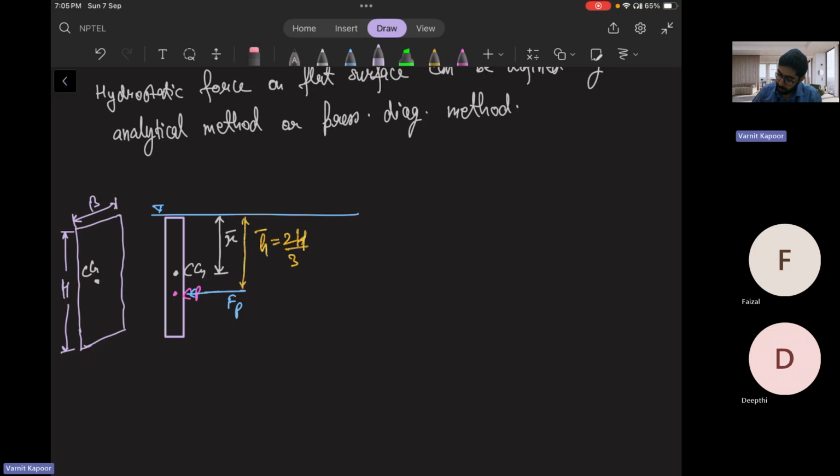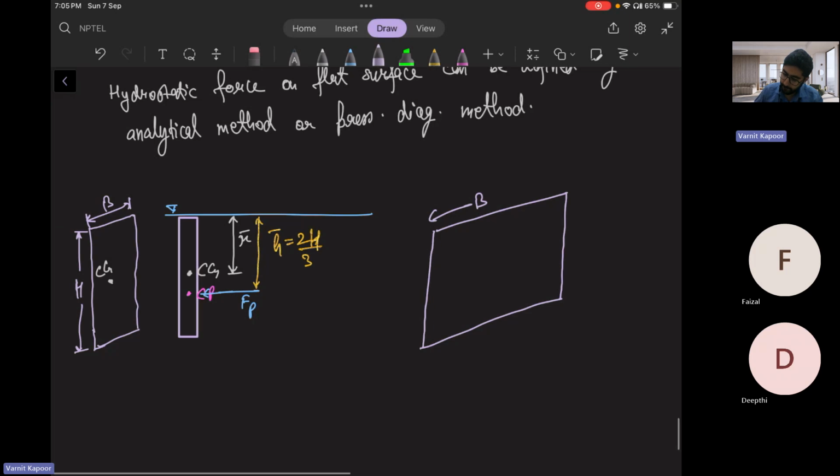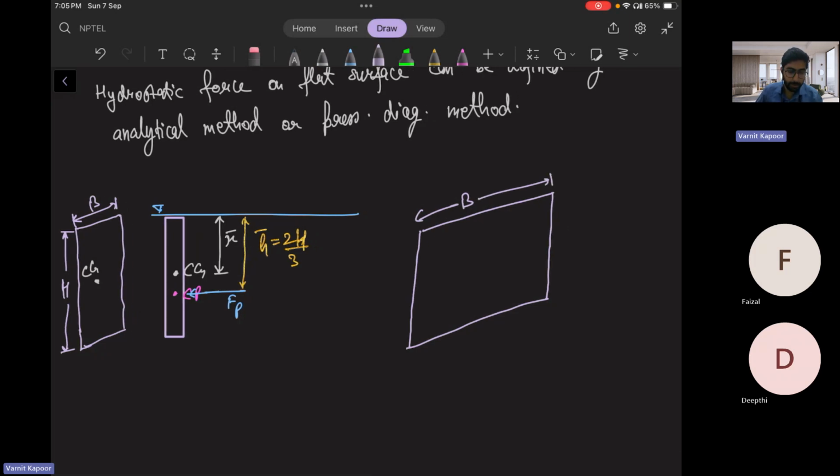If I make this plate once again in a bigger sense, a zoom view, like this, the width is B, and the height is H.